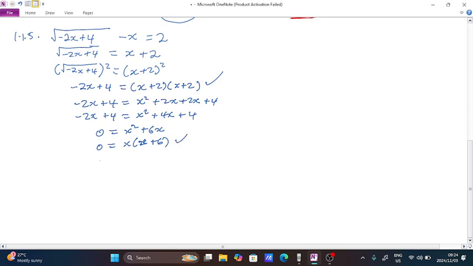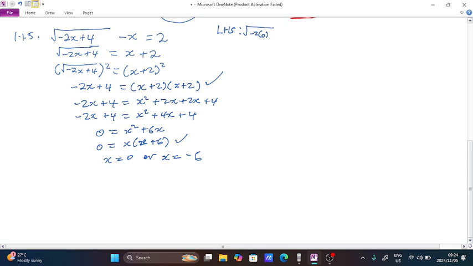Now what are the two values? We apply the zero product rule. x equals 0, or x equals negative 6. Now you go back to check your solutions, whether they are both correct or not. Now if you go there, picking the left hand side, you can see that we'll have what? The square root of negative 2 into x.